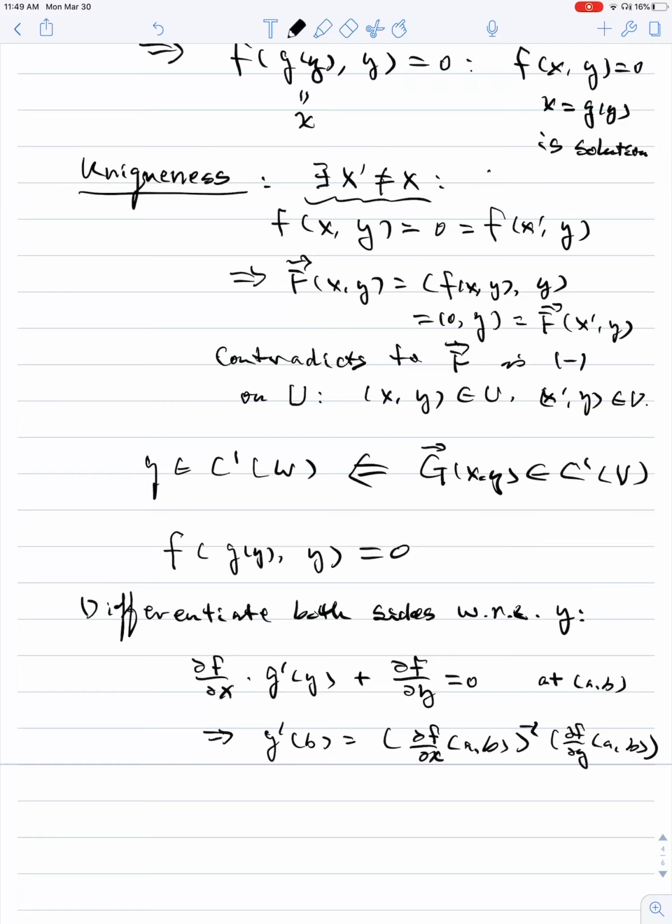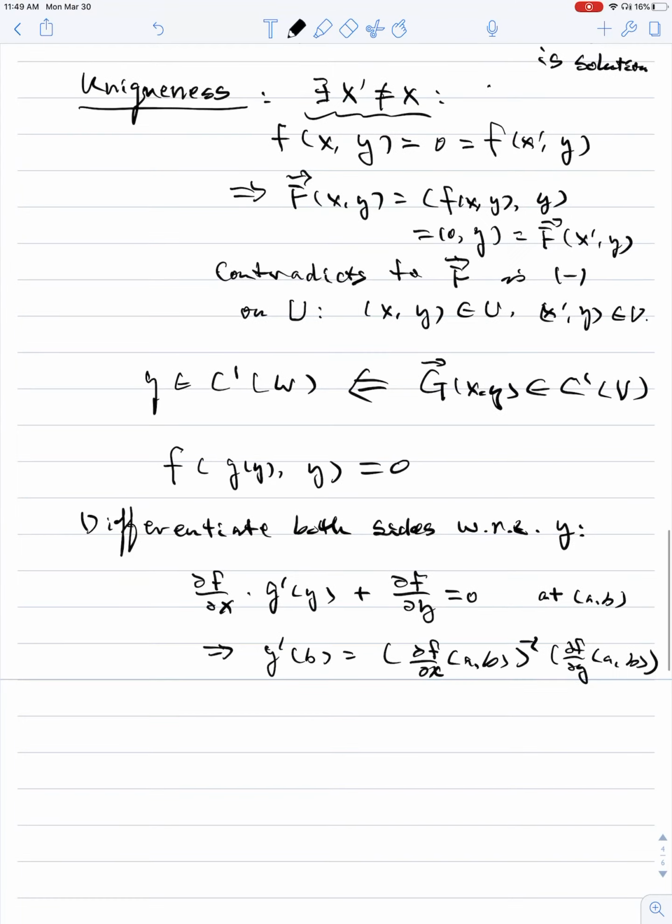So that is the end of the proof of this theorem in the 2-dimensional case.